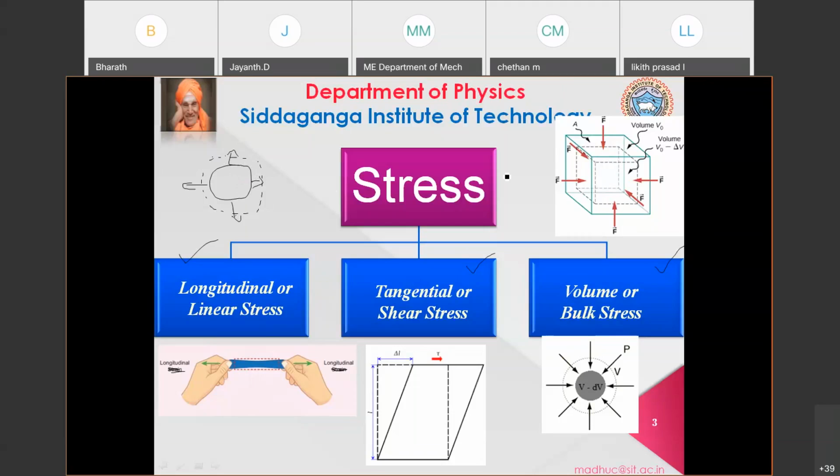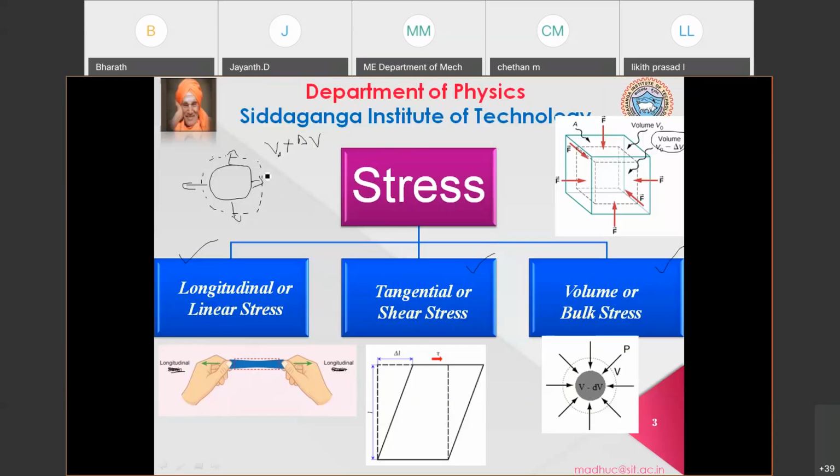In the first case, the change in volume is minus delta V because it is shrinking and the volume is decreasing. But in this case, it will be V naught plus delta V because it is increasing. So it can be incremental or decremental, it can be both. But it has to be only within its limit.